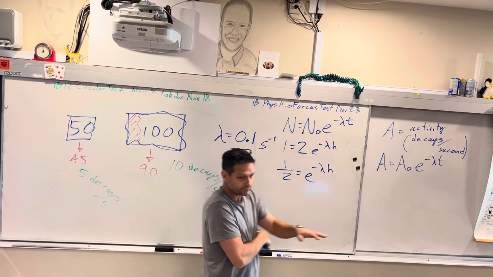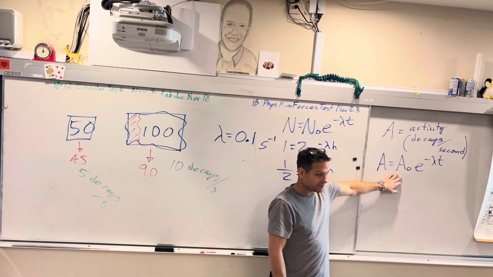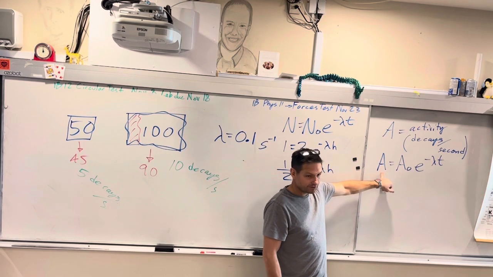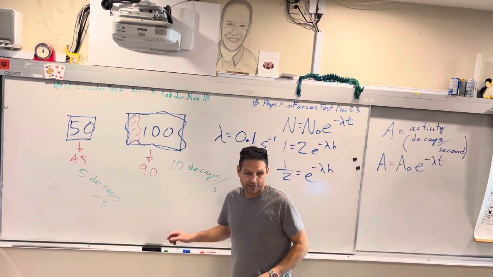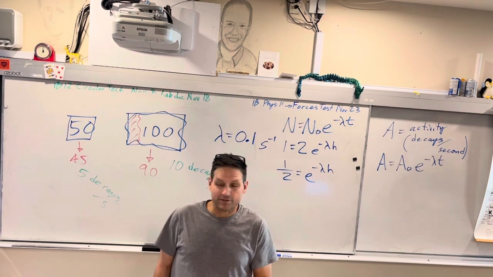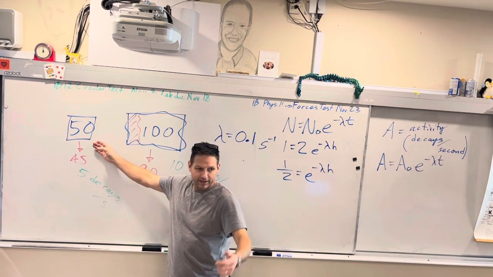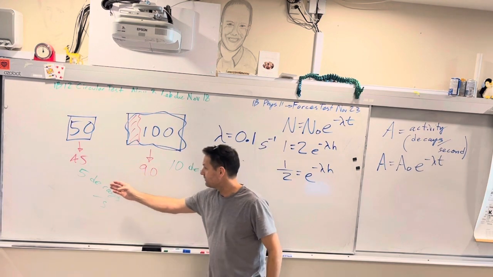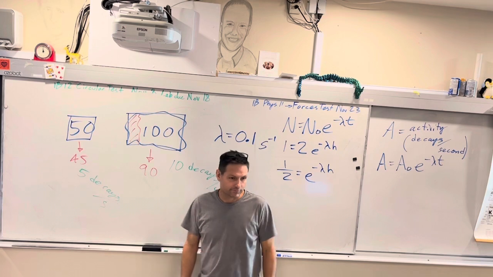Why is the activity using the same formula as the number of nuclei? Because it's the same. What is activity? Your activity is based on the number of nuclei you have, right? It's related directly. If you have half as many nuclei, you have half as much activity, right? So it's the same formula.